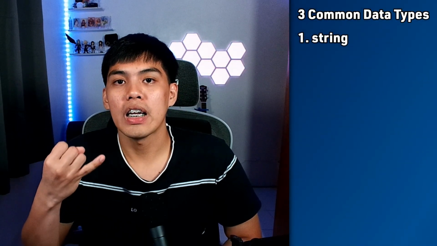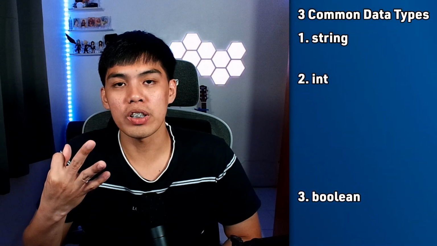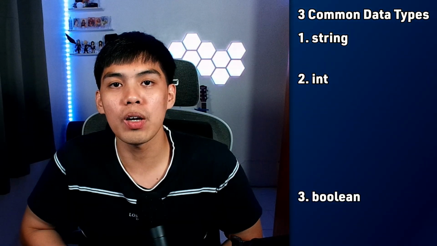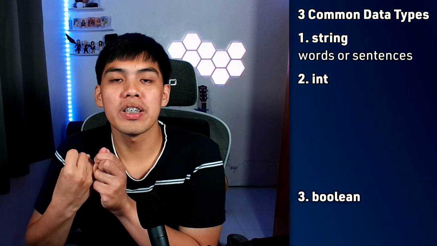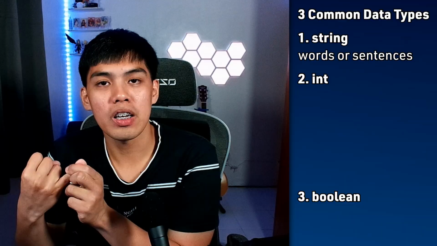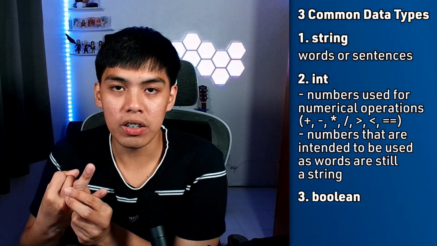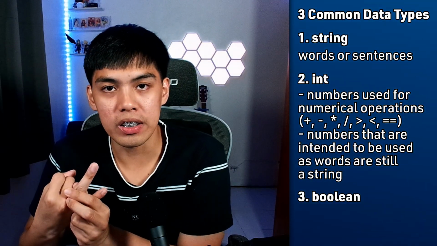When you're coding, you need to know the type of data you're dealing with. Now, there are three data types that I think are mostly relevant to Streamer.bot coding, and those three are string, int, and bool, or sometimes also known as boolean. When we're dealing with words or sentences, we're talking about strings. When we're dealing with numbers that are going to be used for numerical operations, we're talking about int.